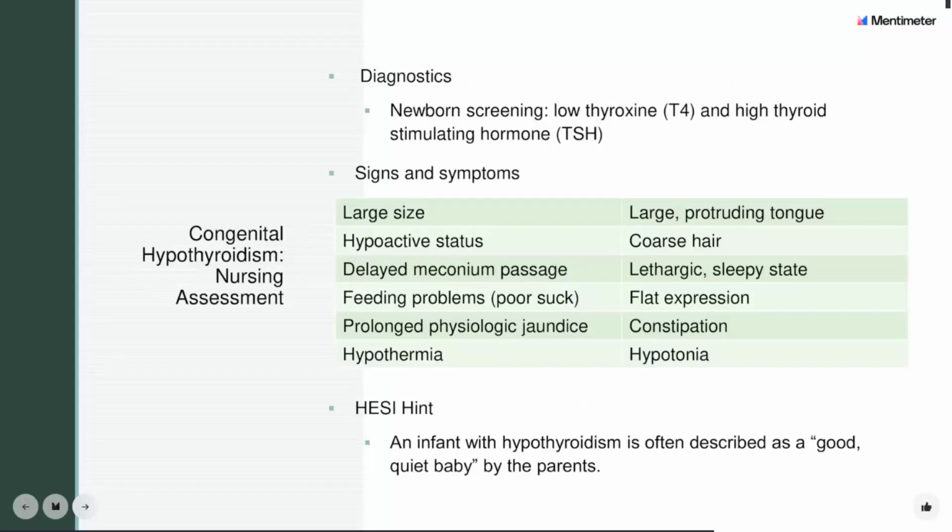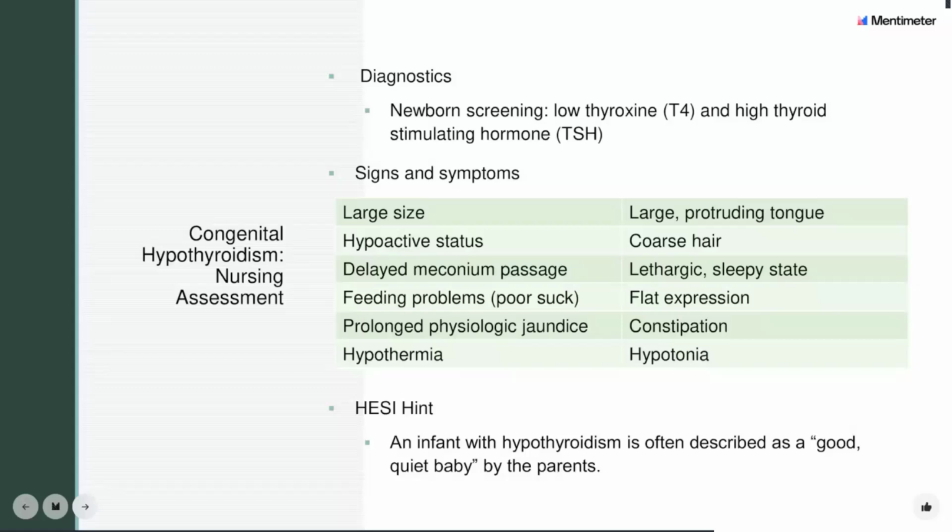We can also look at them and see they tend to be very large infants, very hypoactive, low tone, delayed meconium passage. They're poor feeders. Because they're poor feeders, they tend to be more jaundiced. They have hypothermia. Like I said, everything slows down, so they don't produce a lot of body heat. Constipated because their GI tract slows down. They're lethargic and sleepy. We can see coarse hair and that large protruding tongue.